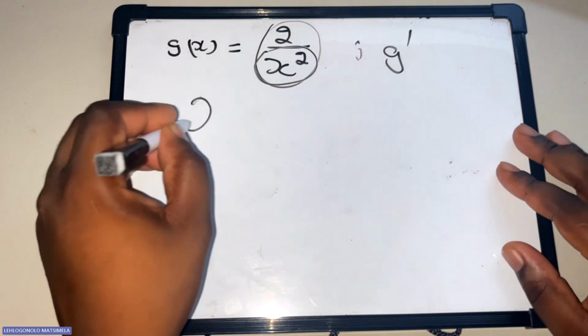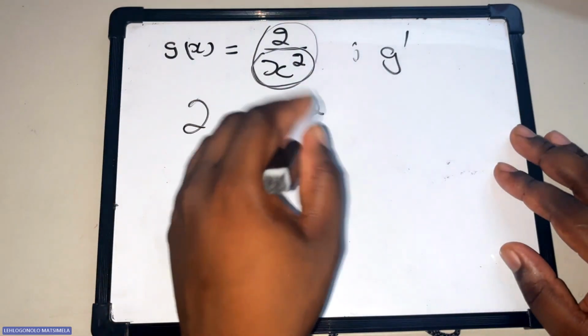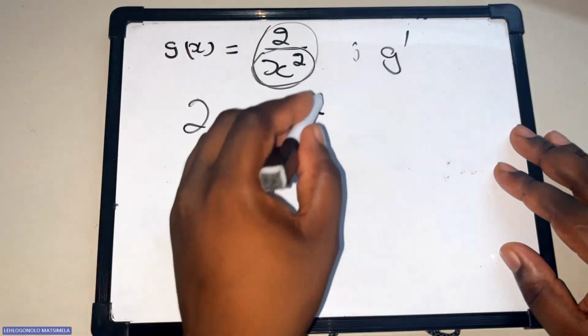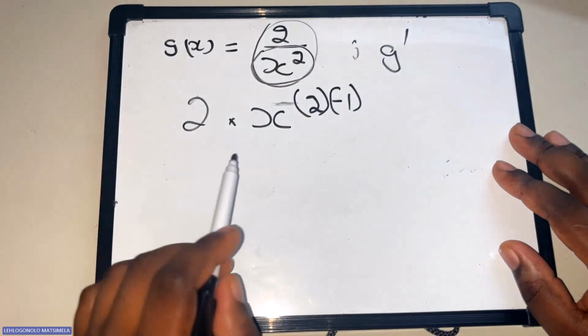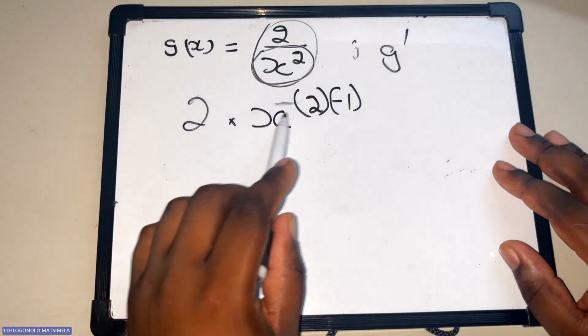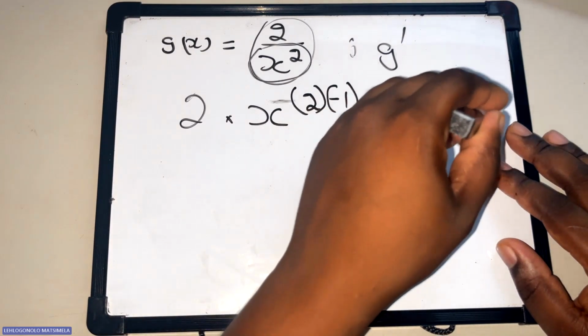Then we will have 2 multiplied by x to the power of minus 2. How do we get minus 2? We will have 2 into brackets multiplied by minus 1. That's how we get rid of this x to the power of 2 from the denominator, which will simply be 2x to the power of minus 2.